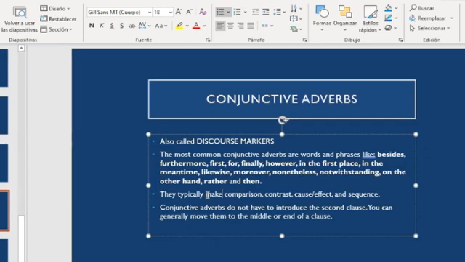Like, for example, something that I realized quickly was how native speakers use the word though at the end. And you say, like, he didn't bring the homework, though.